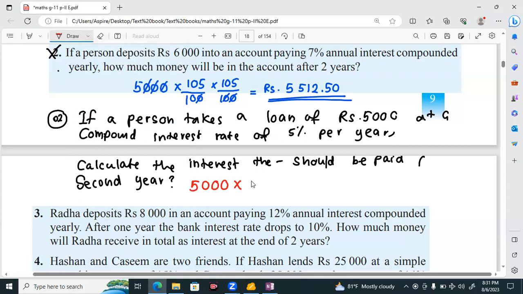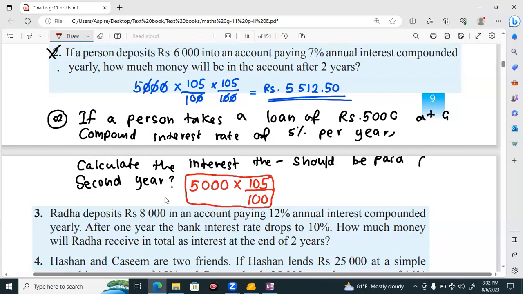What is the total amount we have to pay at the first year? It is 105 upon 100 times 5000. This is the loan amount that goes to the second year at the end of the first year.